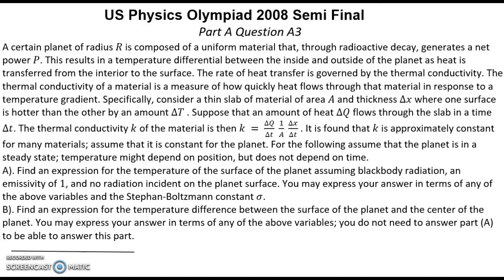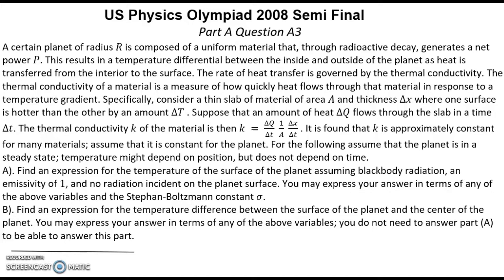The thermal conductivity of a material is a measure of how quickly heat flows through that material in response to a temperature gradient. Specifically, consider a thin slab of material of area A and thickness delta x, where one surface is hotter than the other by an amount delta T, a temperature difference.